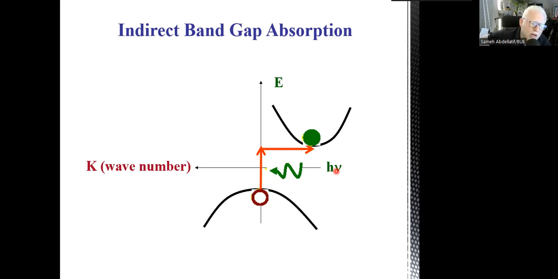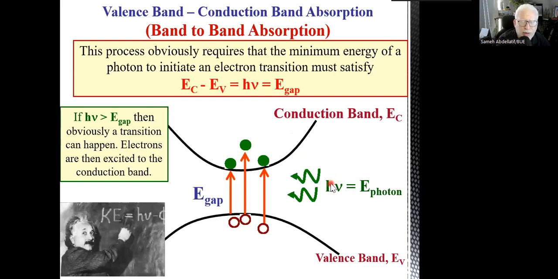But there is another, more principal point here related to the limitation in the absorption. Whether you consider an indirect band gap or a direct band gap, there is a limitation that the absorbed photon energy should be greater than or equal to the band gap.